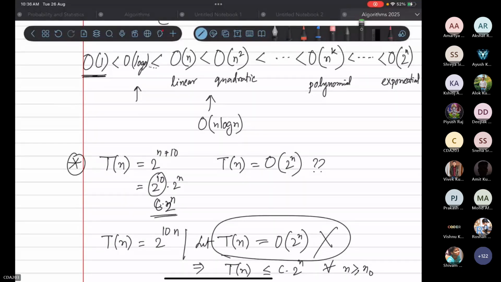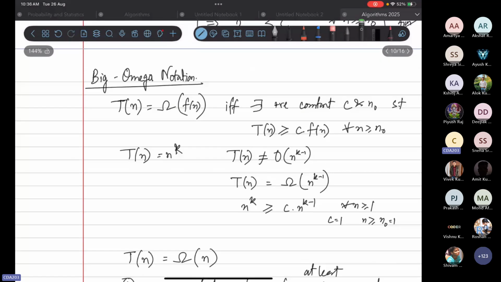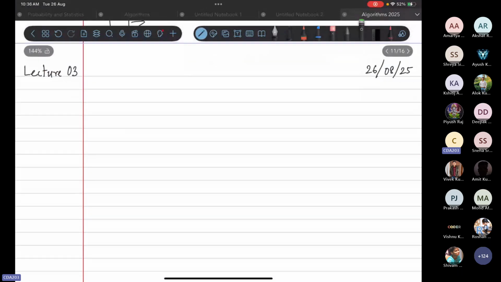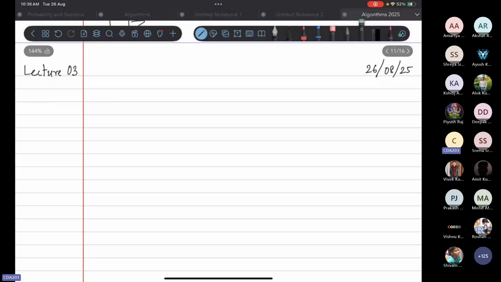Okay, fine. So today we'll again study the sorting problem, but we'll see a different algorithm. The algorithm is known as merge sort.